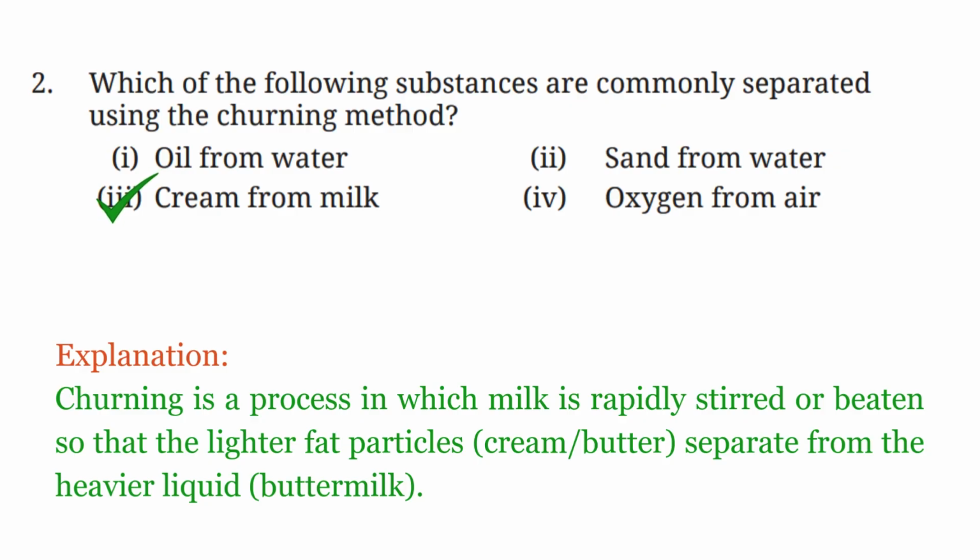Because churning is a process in which milk is rapidly stirred so that the lighter cream separates from the heavier milk. Let's check each option. Oil from water is separated by decantation, right? Not churning. Sand from water is separated by sedimentation and decantation. And oxygen from air is separated by fractional distillation. So, the churning method is used to separate cream from milk.